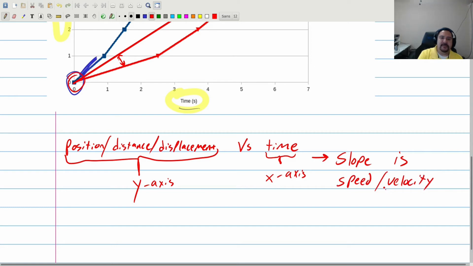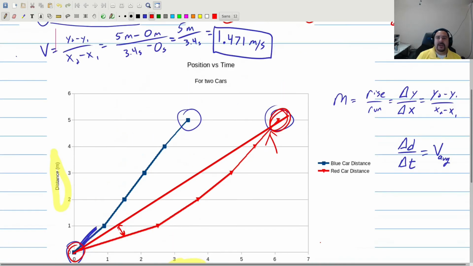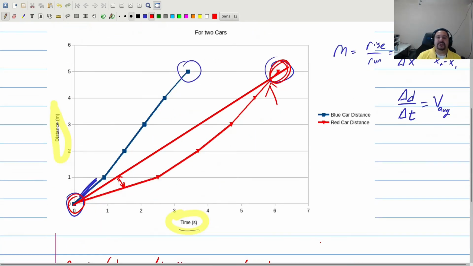Depending on what you're graphing, if you're graphing displacement, you have velocity. If you're graphing distance, you have speed. Okay, so that's the first piece I wanted to show you.